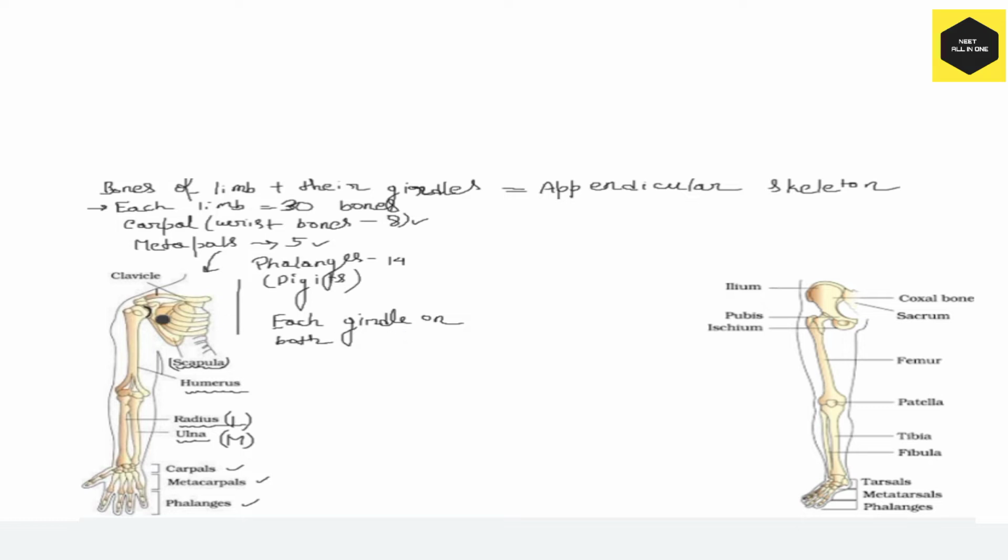Now actually what consists of this pectoral girdle? Pectoral girdle consists of, see, clavicle and scapula.